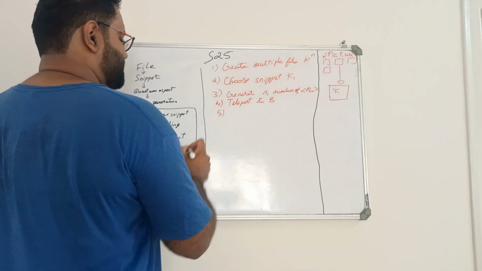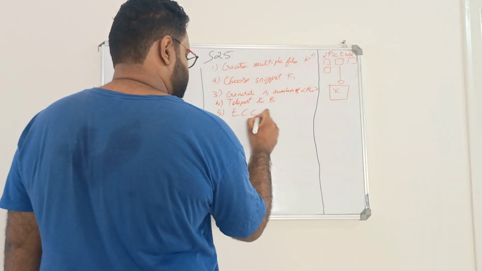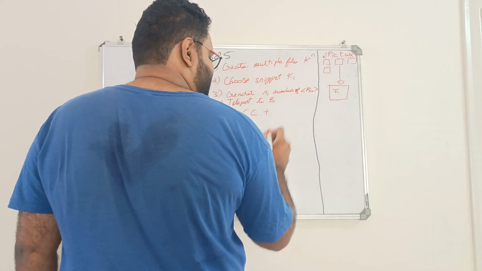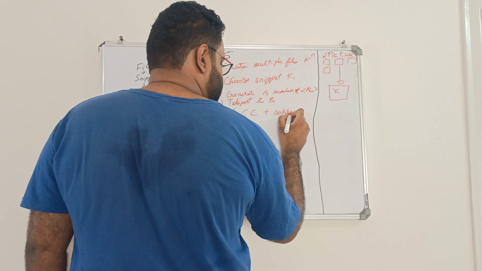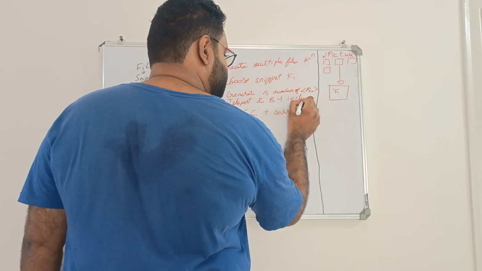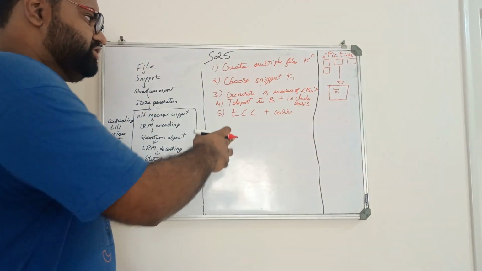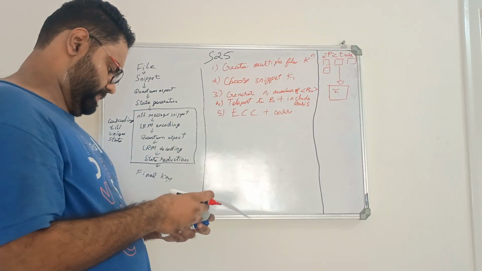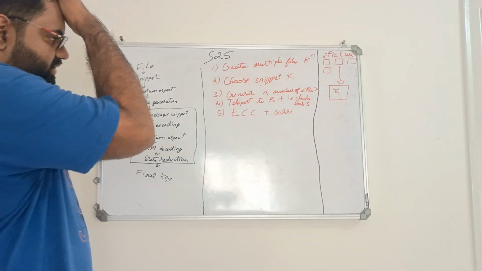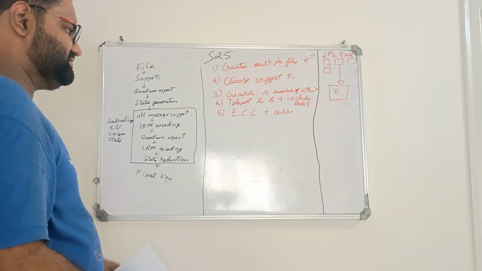The next step is I do the error correction codes, which I'm just going to represent as ECC. Sorry, I'm going to teleport to B, plus I'm going to include the bases. Again, the basis is also randomized. So we have the actual basis, and then we have the beta basis.